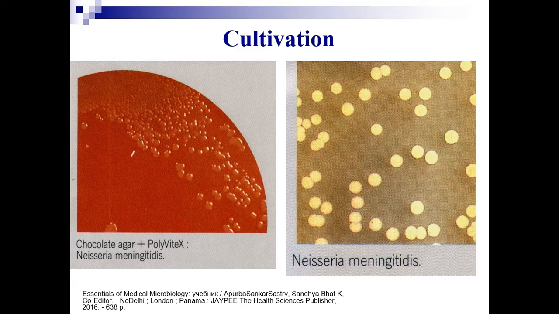Nasopharyngeal swabs, pus, or scrapings from rashes should be carried in transport media, such as Stuart's media, and inoculated onto selective media, such as Thayer-Martin medium or New York City medium, to suppress the growth of normal flora.